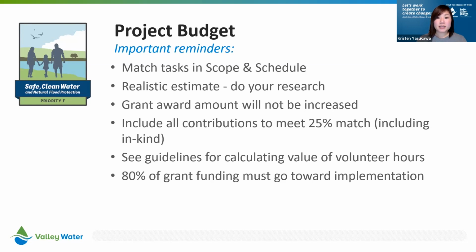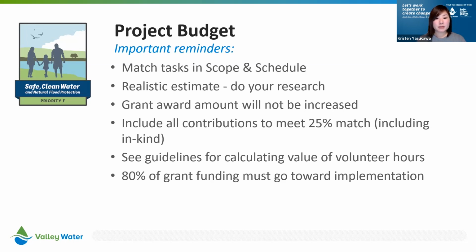And then just know as well that your grant award amount will never be increased once the board makes their award decision. So make sure it counts for something that is realistic for your project.